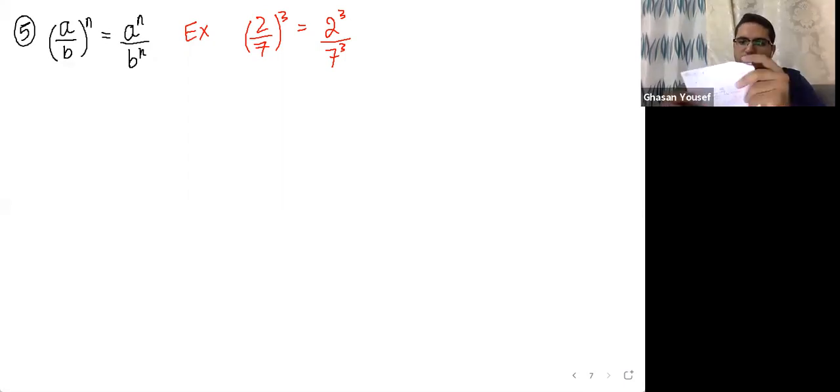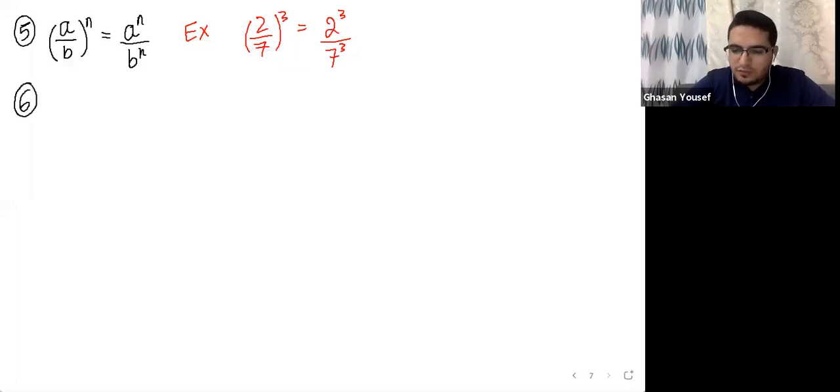We have another one, a small one. Number 6. Oh, I have 2 more. So number 6 says if I have a over b to the power minus n, this is a very important one. We have to flip inside the parentheses.